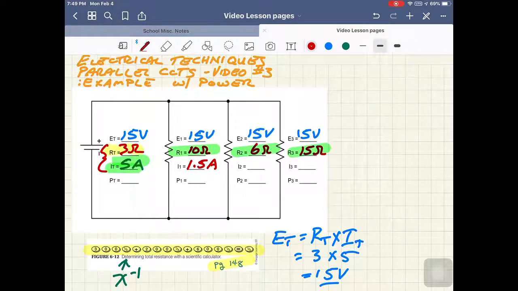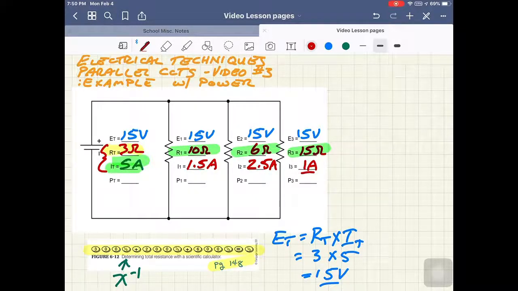All right, nice easy numbers to work with. I know that's 1.5 amps, 2.5 amps, and that one is 1 amp, right? And you can see then also double checking here that the sum of all the current flows in each of the branches should equal the sum, so I can double check that.